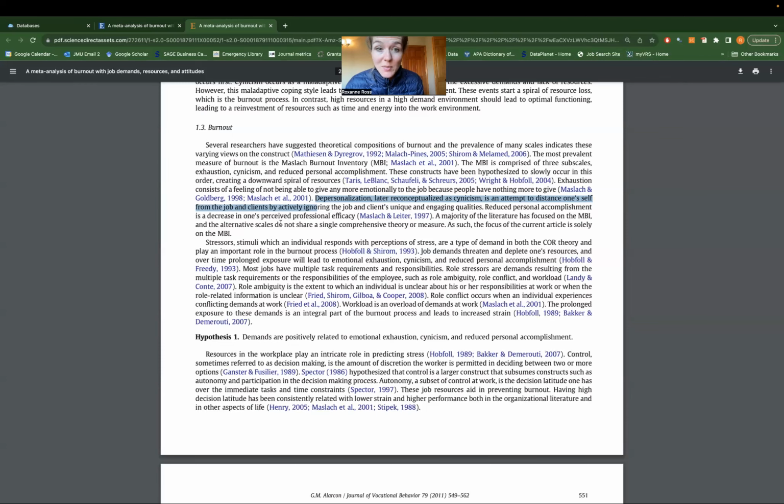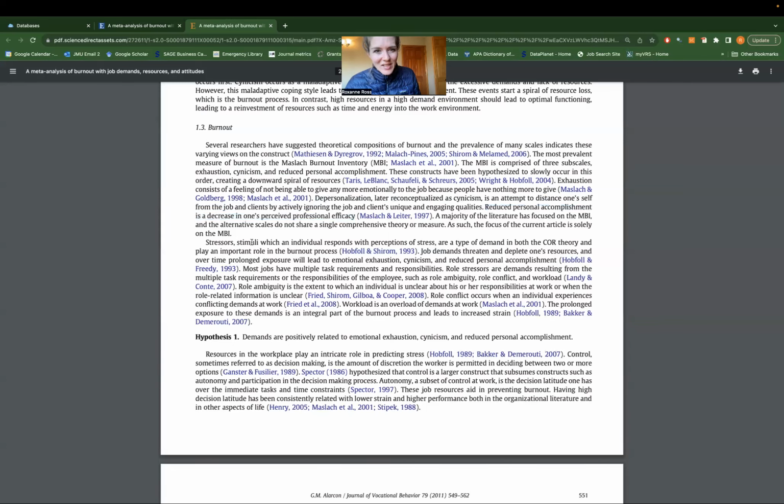It's an attempt to distance oneself from the job by actively ignoring the job and client's unique engaging qualities. Reduced personal accomplishment, as the third factor of burnout, is a decrease in one's perceived professional efficacy. Okay, awesome. Well, not awesome, but that's what we're looking for.